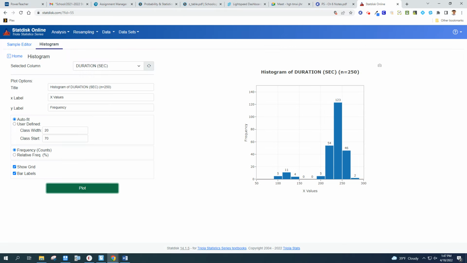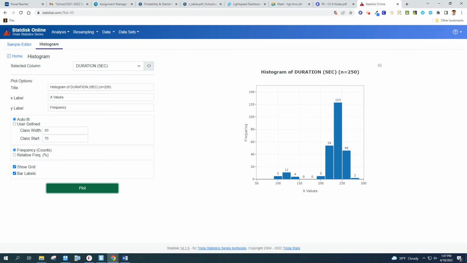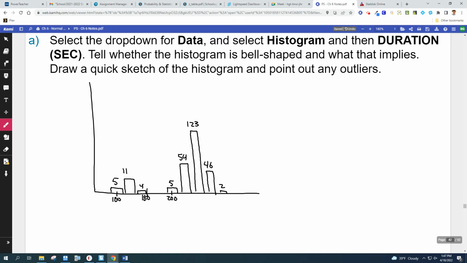What did we have? We had 100, 150, 200, 250, and 300. I believe 250 was right here, and 300 was over here.